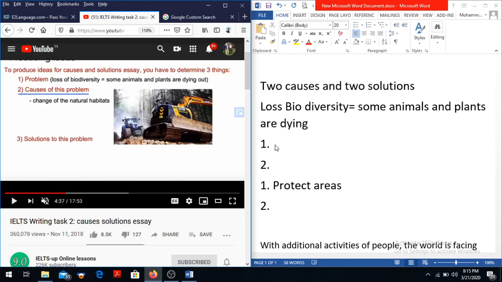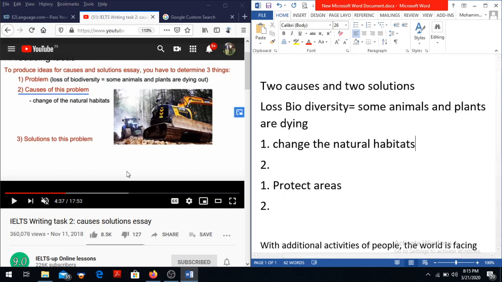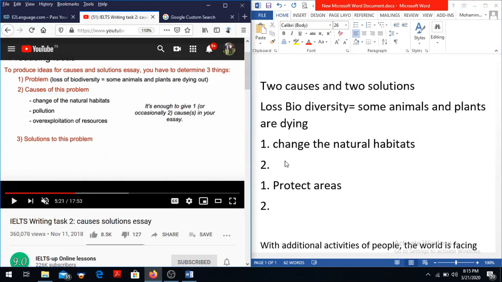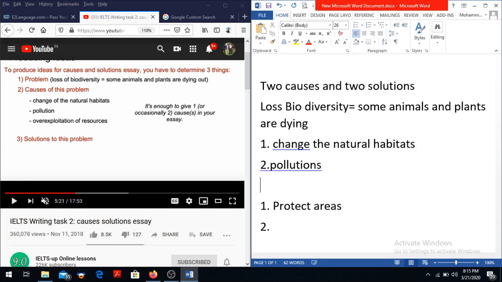The problems were change of natural habitats, and number two was pollution. Number three was over exploitation of resources.